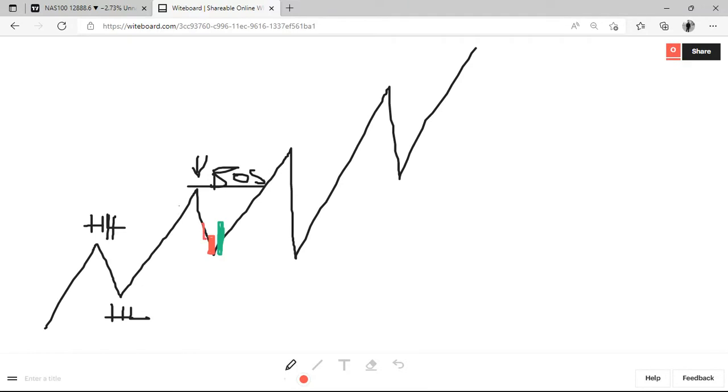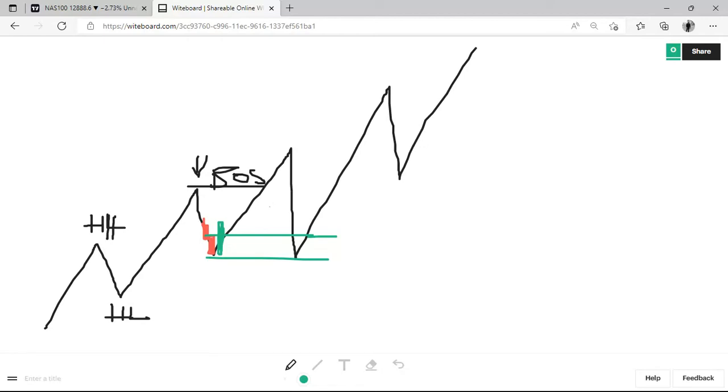Let me color it. Right now, this last bearish candle is what we call an order block.